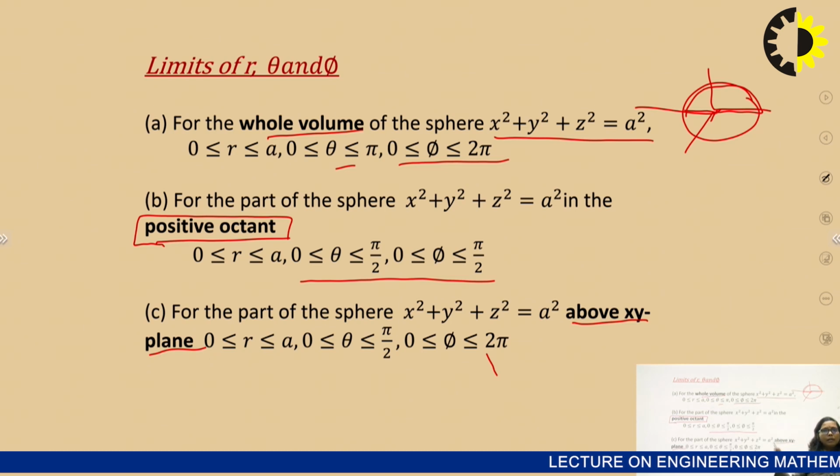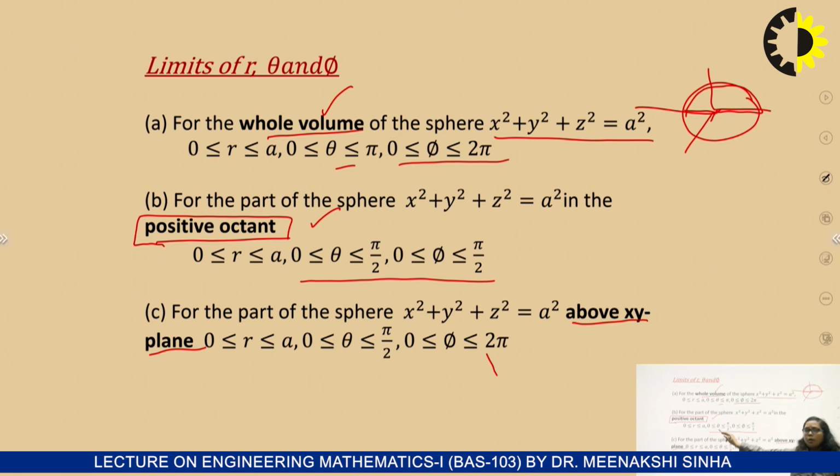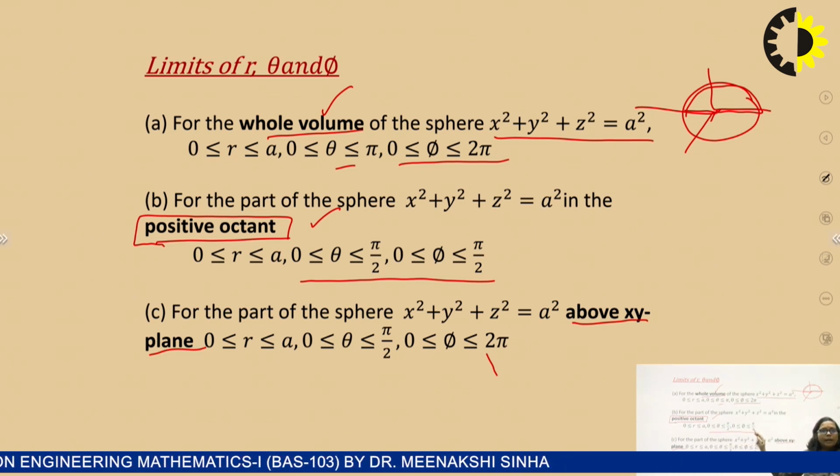So they are the 3 limits. If you remember, for the whole volume, theta takes the value 0 to pi, phi takes the value 0 to 2 pi. For the positive octant, theta takes the value 0 to pi by 2 and phi also takes the value 0 to pi by 2. And for the part of the sphere above the xy plane, theta takes the value 0 to pi by 2, but phi takes the full value, 0 to 2 pi.